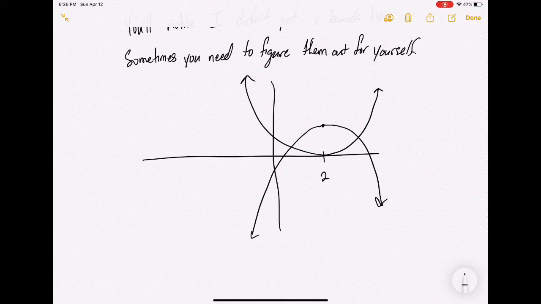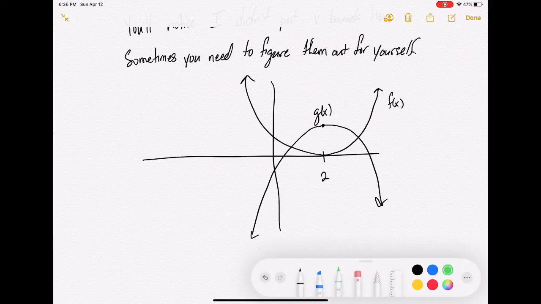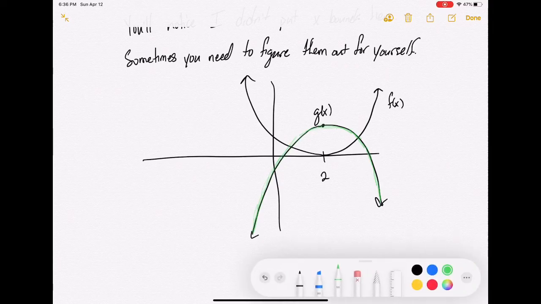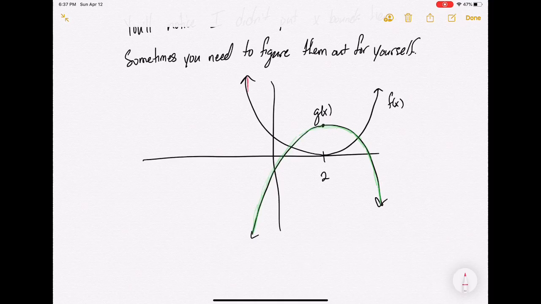So this would be g of x on top, and this is f of x on bottom. And I'm just going to outline them like I always do so we can keep that in mind. You'll notice that they intersect each other here, but they don't switch signs anywhere. So that's kind of nice. It's going to make our life a little bit easy.